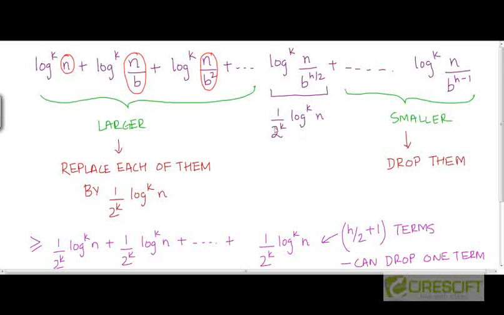And h, of course, itself is log n. So if we add all these terms, the summation will have a value equal to this term multiplied by h by 2 plus 1.